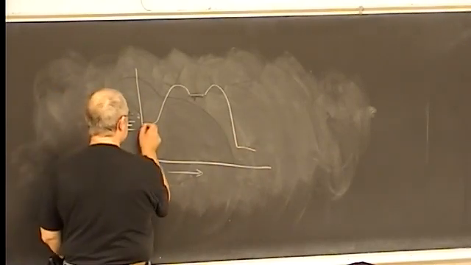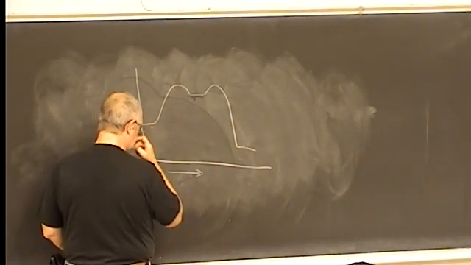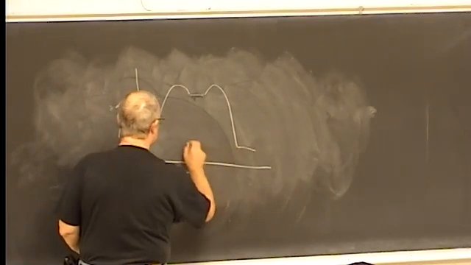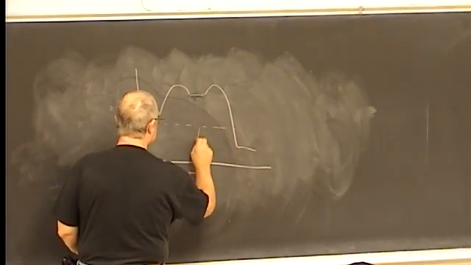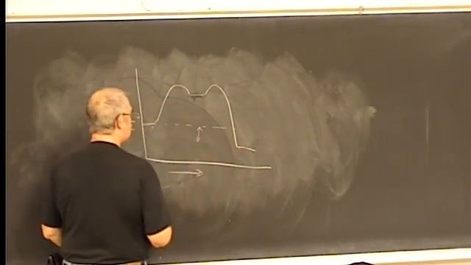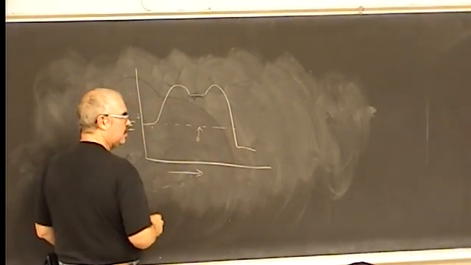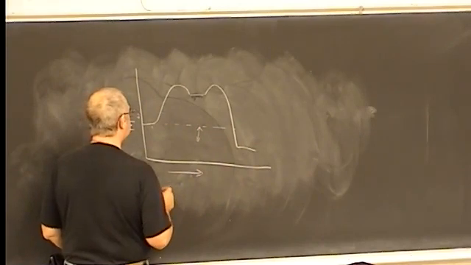Okay, this would represent the energy of the reactants. This is the energy of the products. And this difference is the change in energy. So this would be an exothermic reaction.